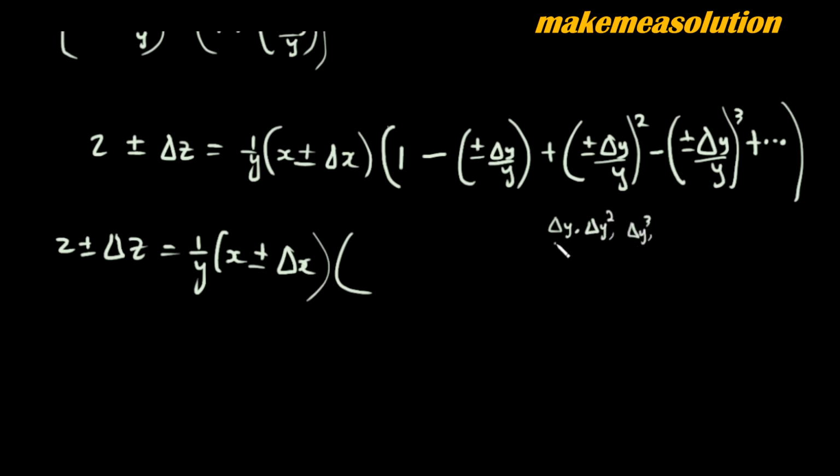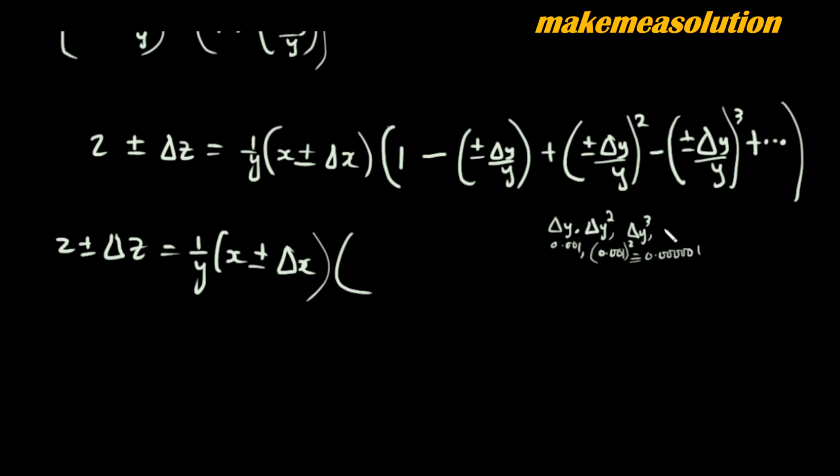Let's say delta y is 0.001. When you square it, you get 0.001 squared, which is going to give you something like 0.000001. You understand? So this is how it keeps decreasing. When you square numbers that are very small, they actually reduce in size instead of increasing.